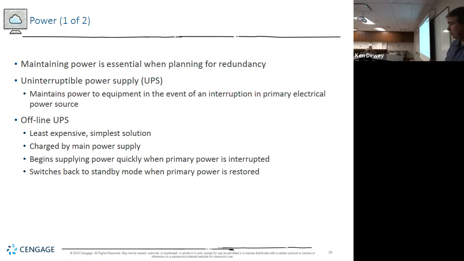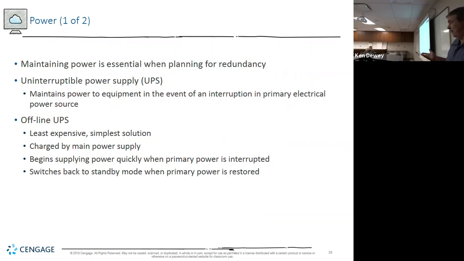Now my generator at home, the way that one does it is, when there's a power failure in my house, it waits 10 seconds. And if there's no power within 10 seconds, the generator kicks on, and that takes about 24 seconds. So I'm usually without power for about 34 seconds, is what I've timed it. Is that acceptable?